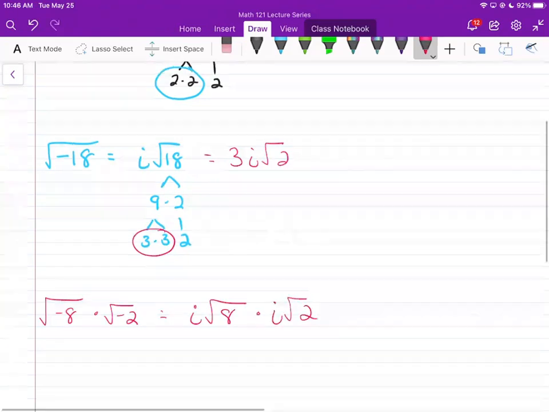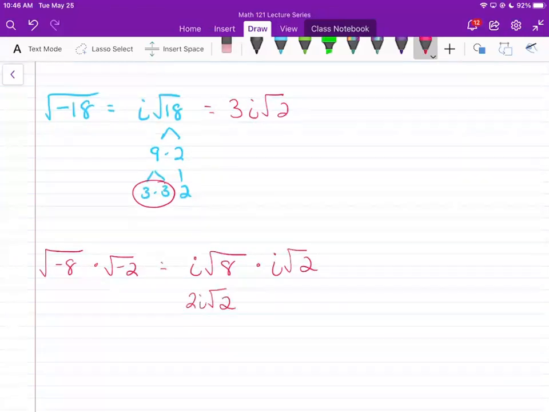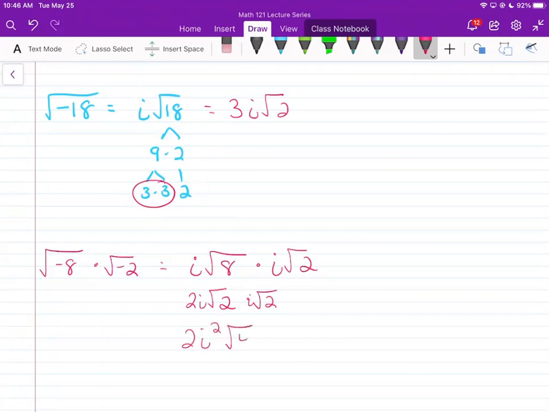We have already calculated the square root of 8 to be 2i square root of 2, so we have 2i square root of 2 times i square root of 2. So we end up with 2i squared square root of 4, or we end up with 4i squared.